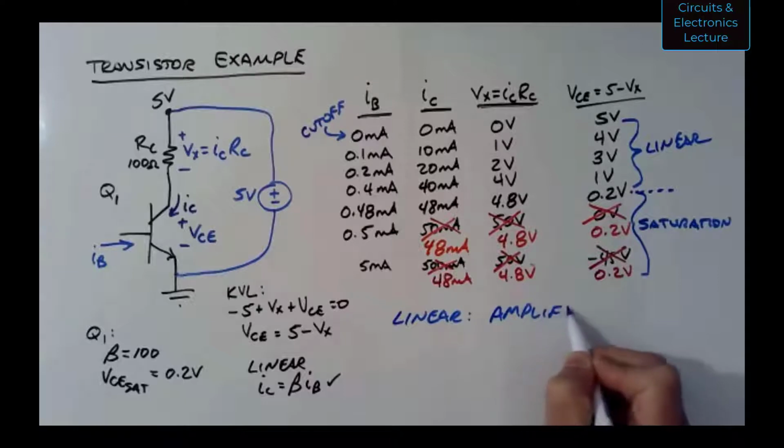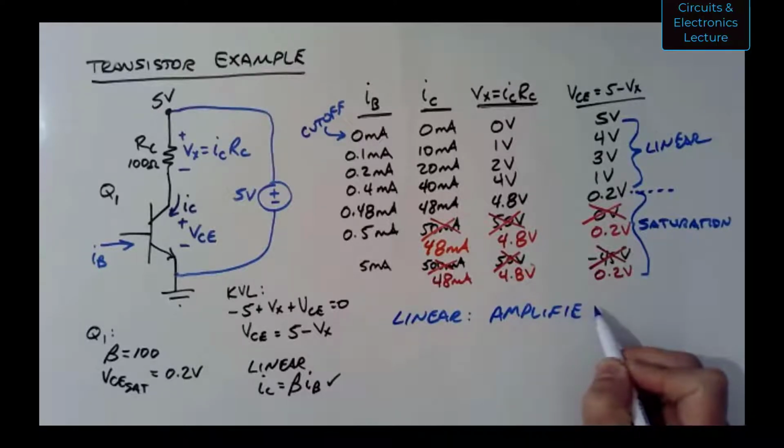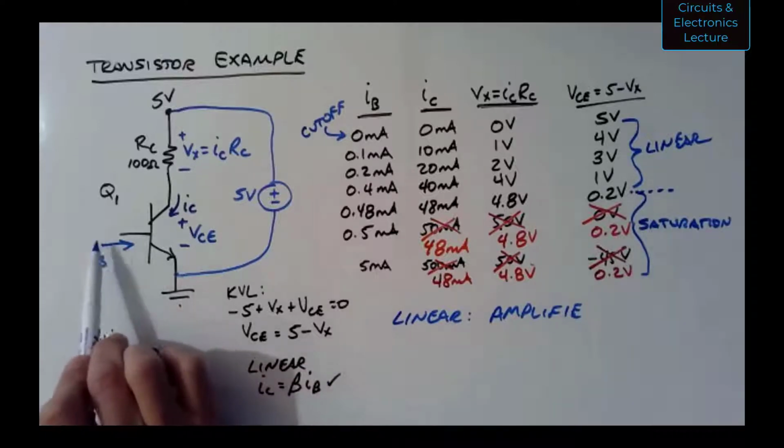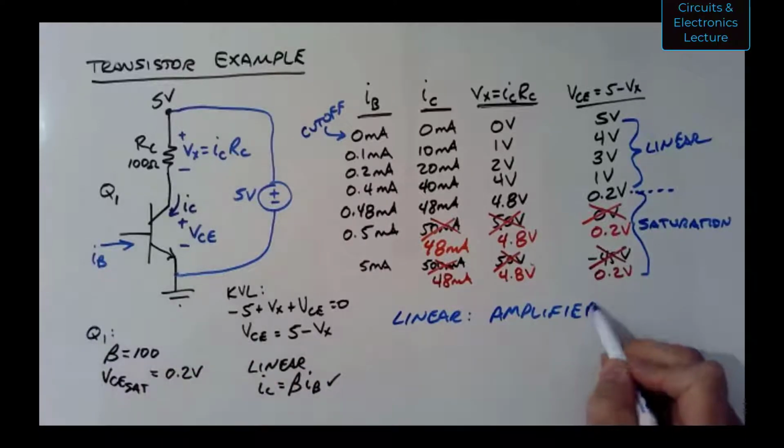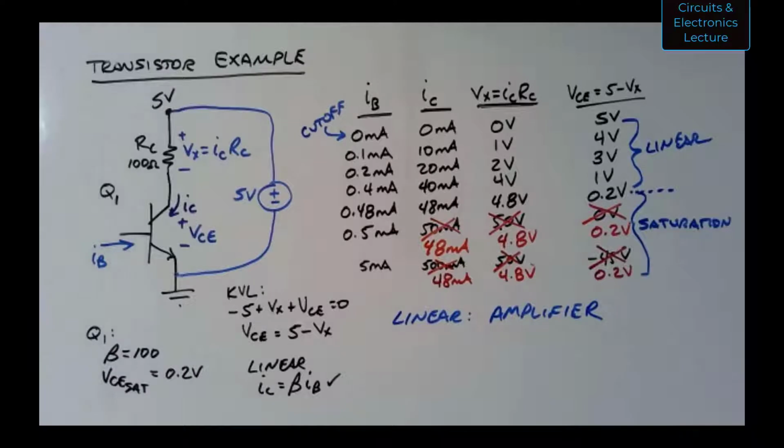It's taking a small current, and you could create a small voltage or create a small current using a small voltage over here. I'll show you how to do that. And you're amplifying that small current or small voltage to get a bigger current or a bigger voltage, and that's an amplifier.